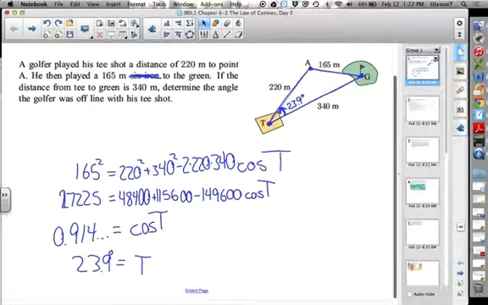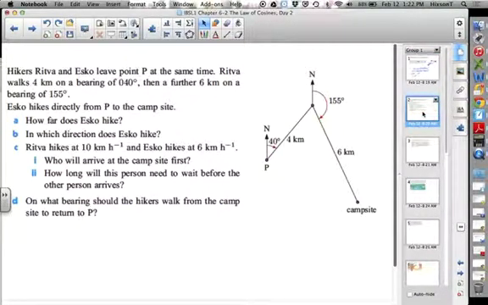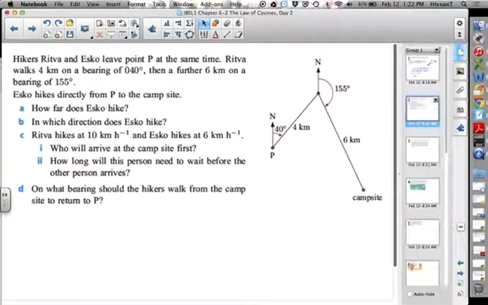All right, 27. Now, another one that I want to look at is one of these ones that involves bearings. I always miss this problem on tests.